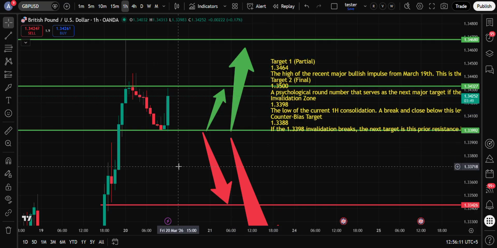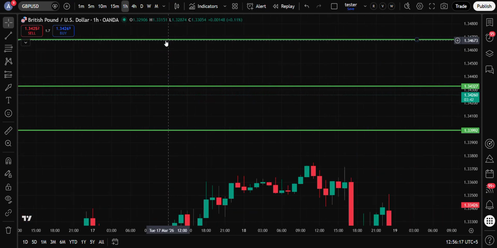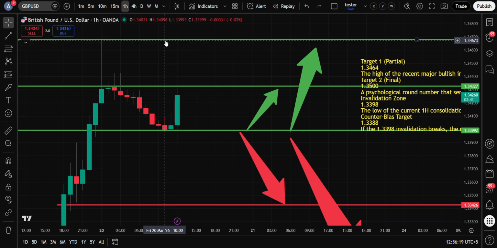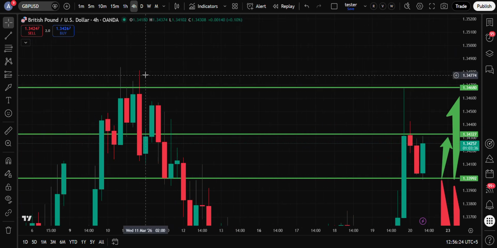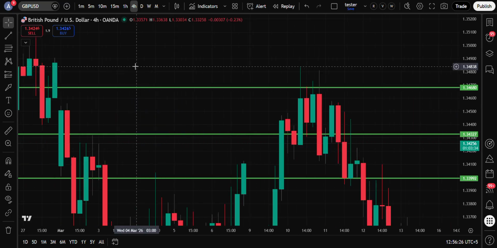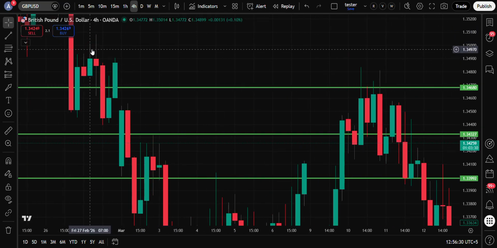Target one is 1.34464. Our target two is its target one, and target two is, what is it? 1.3500. Oh no, it's bullish. Okay, okay, it's targeting this area. Okay, I can agree with that.